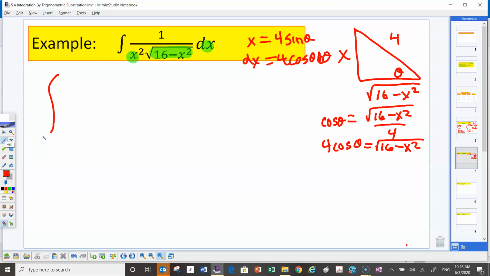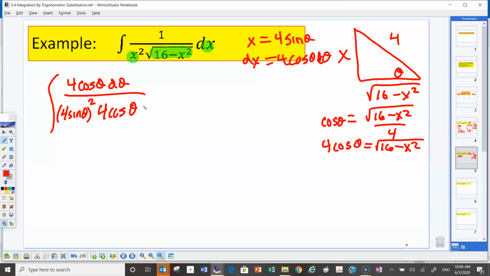In place of dx, I'm putting 4 cos theta d theta. In place of x, I'm putting 4 sine theta, and that is squared. And in place of the square root of 16 minus x squared, I'm putting 4 cos theta.